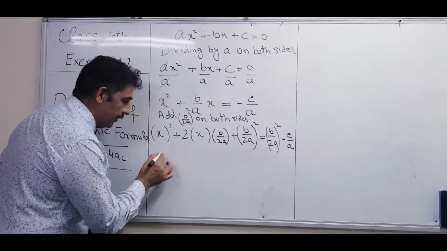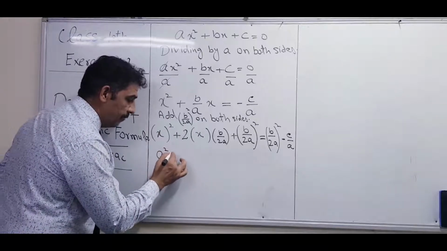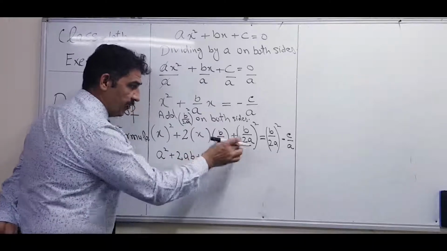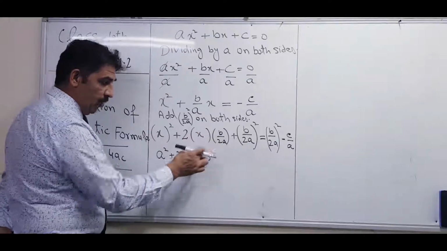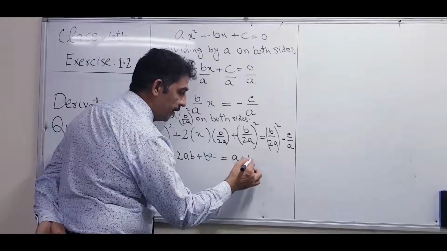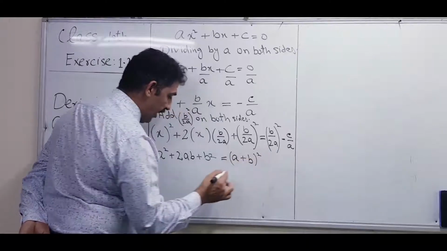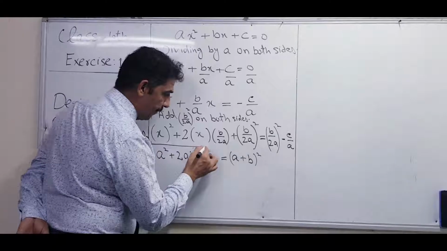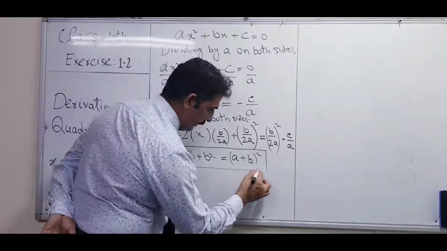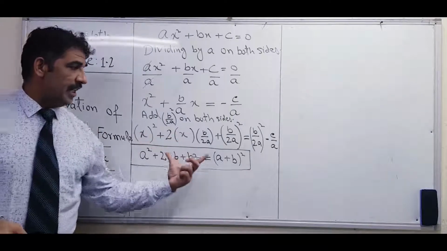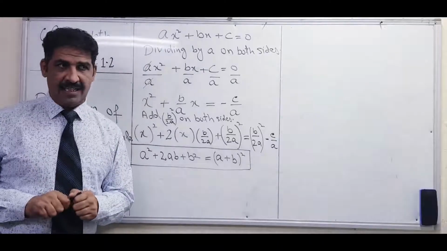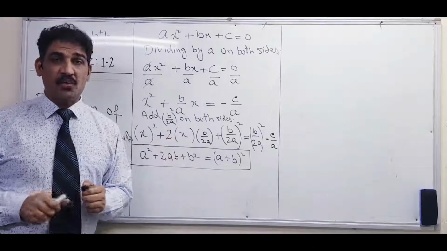Like here, a square plus 2ab plus b square. A square is this term, 2ab is this term, plus b square, that is equal to a plus b whole square. We will use this formula. We have to make the left hand side a perfect square and simplify the right hand side until it is shifted into a single term.